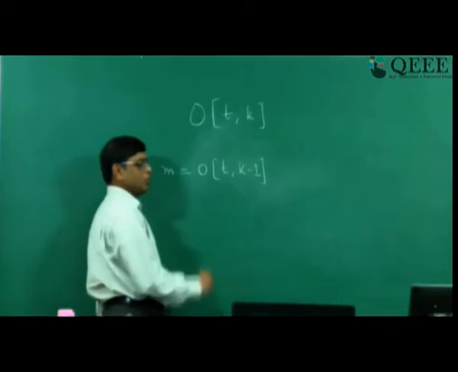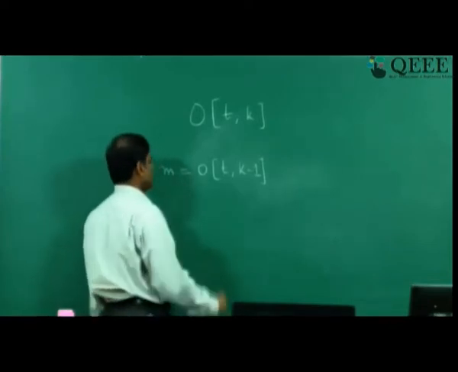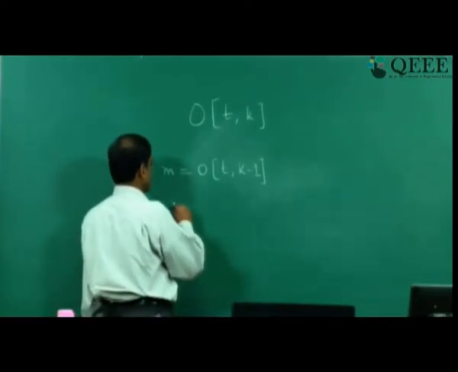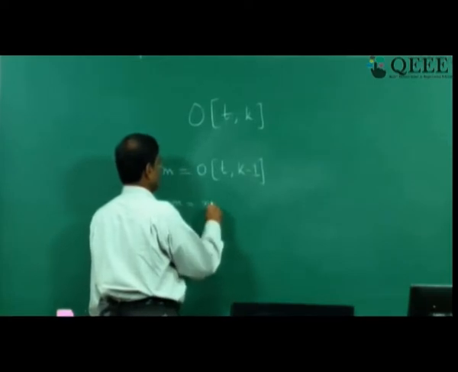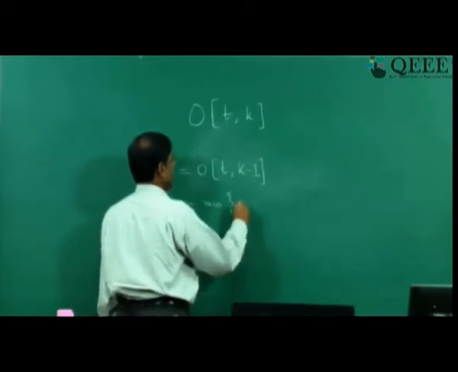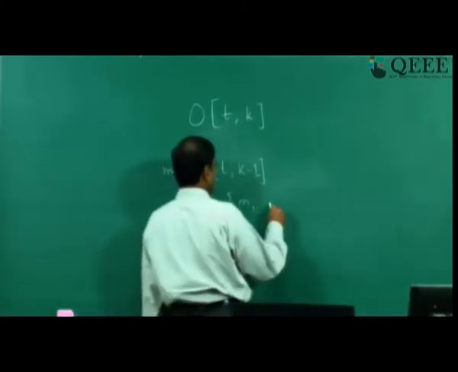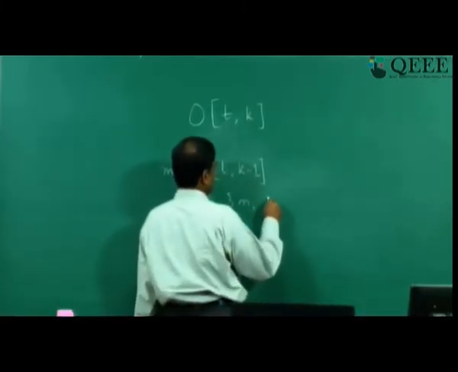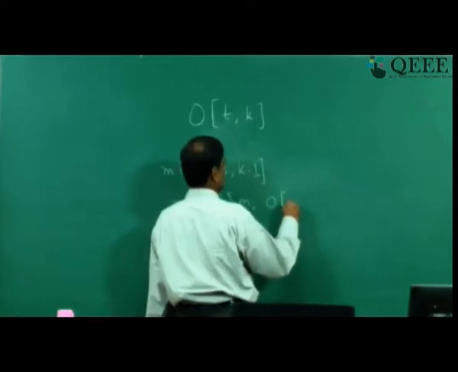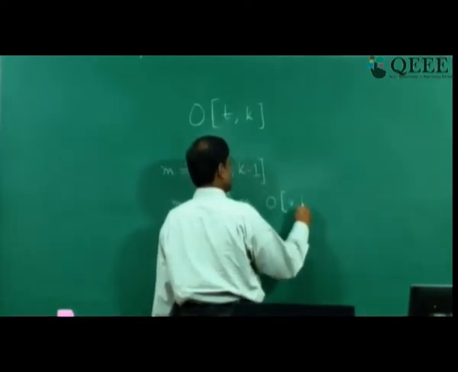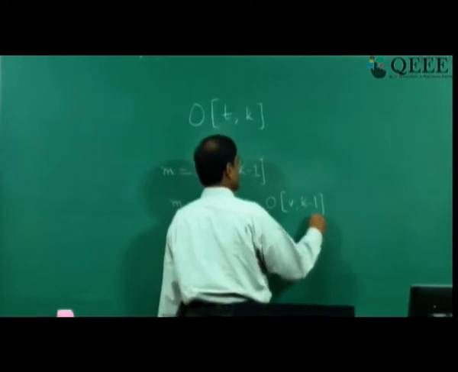or if I have not found the optimum, then I can improve it by using an additional edge, which means now I will say M is equal to the minimum of M, the value I found using K-1 edges, and the value of O to some other node V with K-1 edges, right?